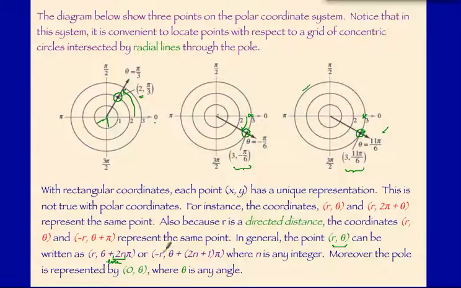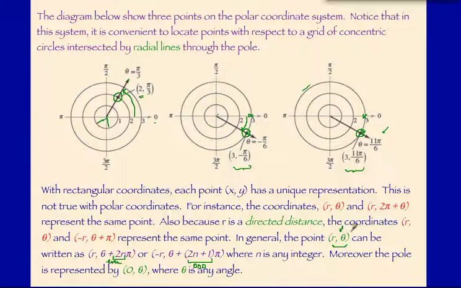And here we could have (negative r, theta plus (2n plus 1) pi), and that would also result in the same point as (r, theta). 2n plus 1 is the way that we represent an odd integer. So they're saying negative r and theta plus any odd multiple of pi will take you to the same point as (r, theta).